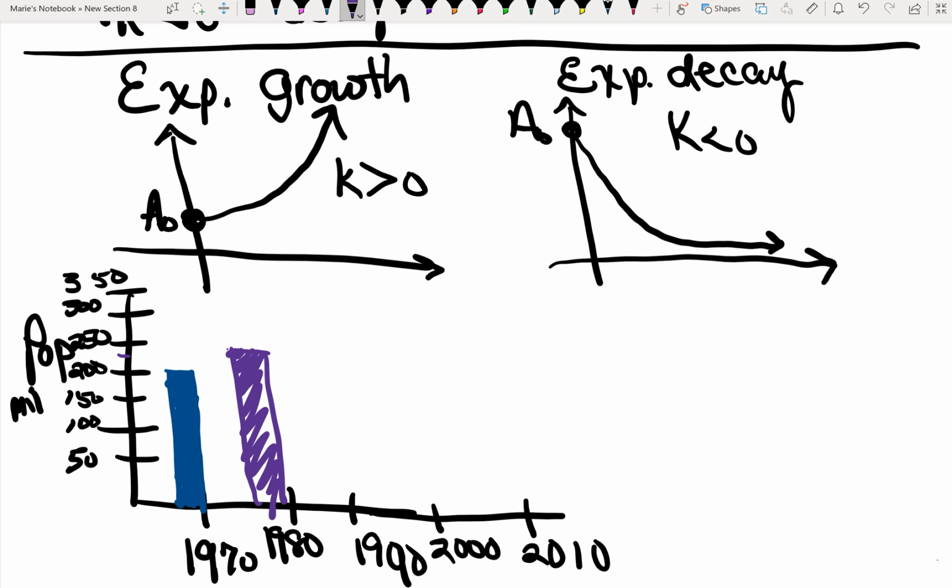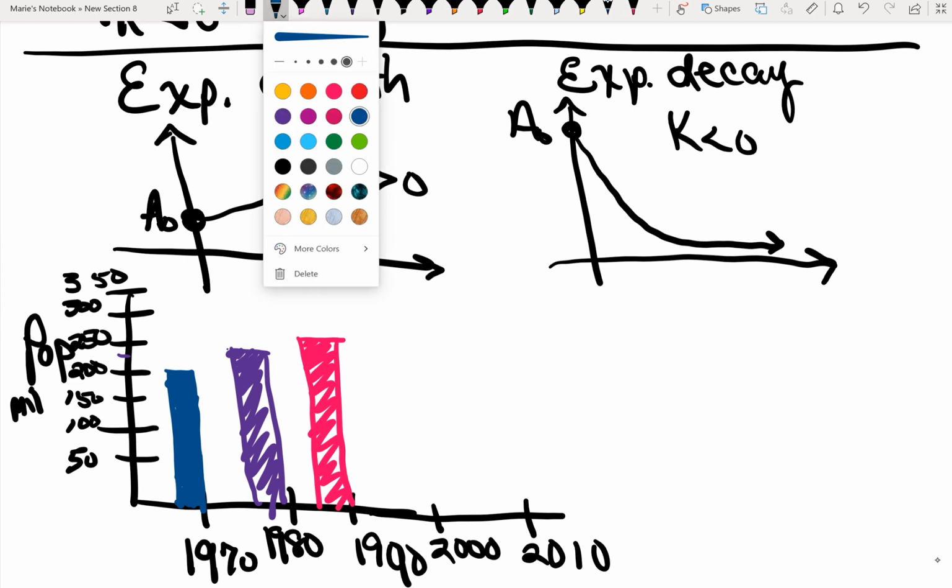1990, we're almost at 250, so it's slightly higher than the 1980, but just a smidge below 250, and I'll give you that exact number in a minute. Then they give us, let me change this to orange.